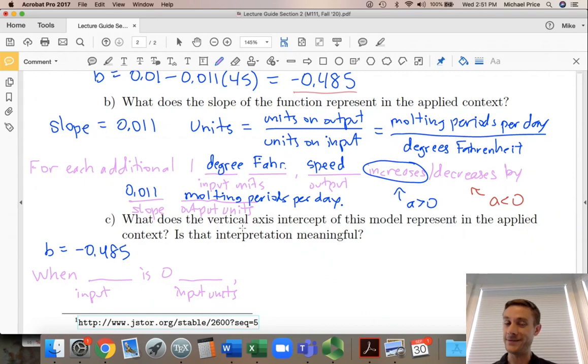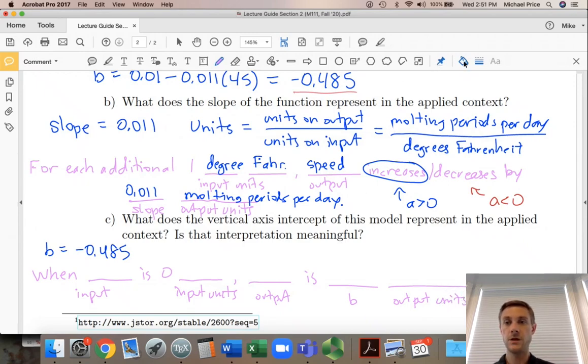I'm trying to avoid x's and y's, as you might recall. But when the input is 0, whatever it is, the output is blank. So here is output, and then this is the value of b, basically. And then because we're trying to stay in context, here is output units.